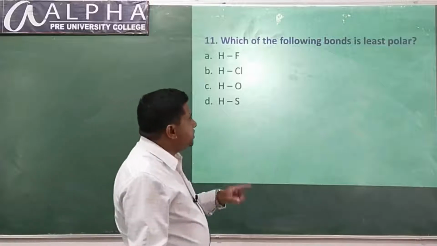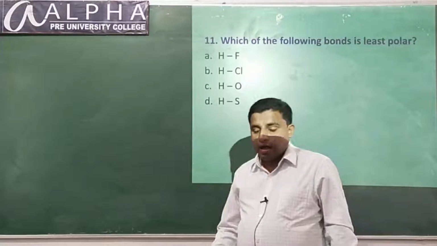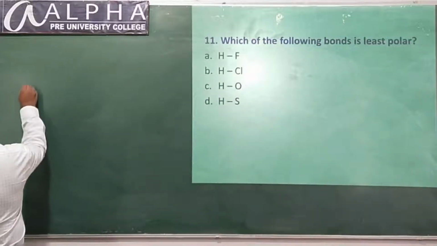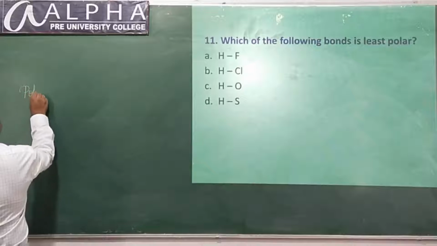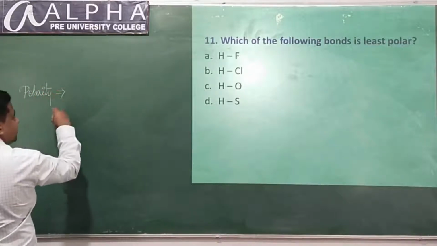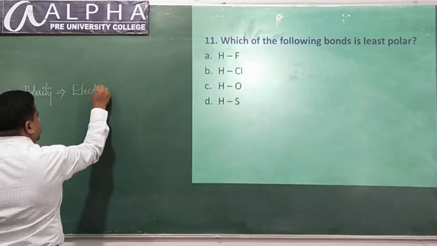The question is, which of the following bonds is least polar? I told you that polarity depends upon electronegativity difference.